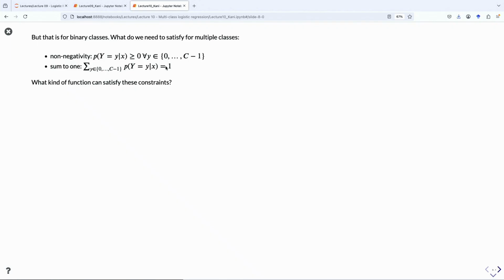And the other thing we want is basically non-negativity. You want this probability to exist on an interval of 0 to 1, and you don't want the probability to become negative, right? Probabilities can't be negative. Let's leave it at that. So, what kind of function can satisfy these constraints?